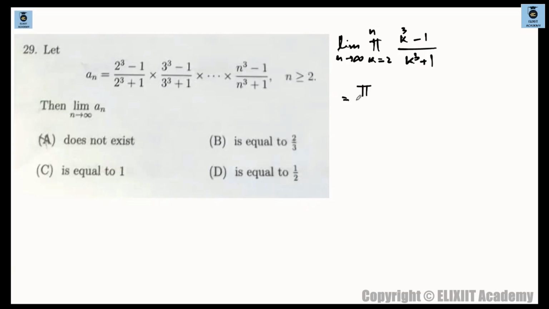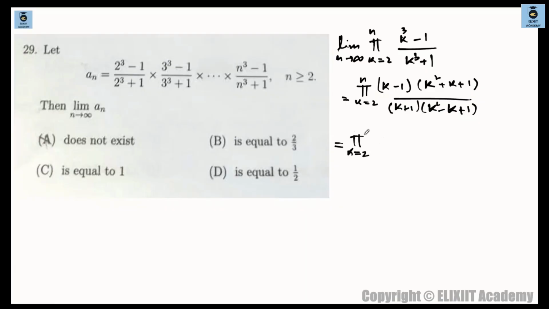So product of k is equal to 2 to n is basically k cube minus 1. I simplify this thing as k minus 1 times of k square plus k plus 1 divided by, similarly, k plus 1 times of k square minus k plus 1. Now what I do is I'll distribute the products.